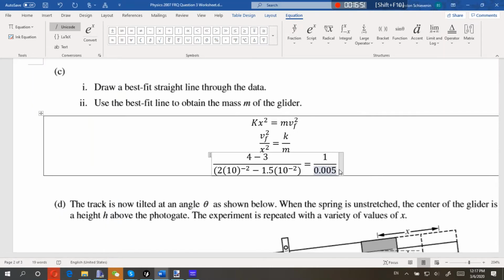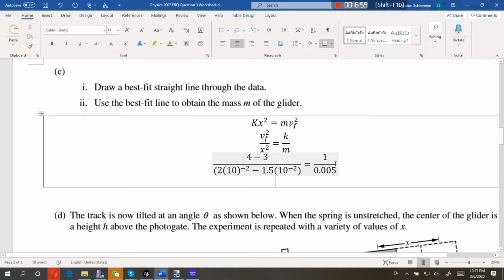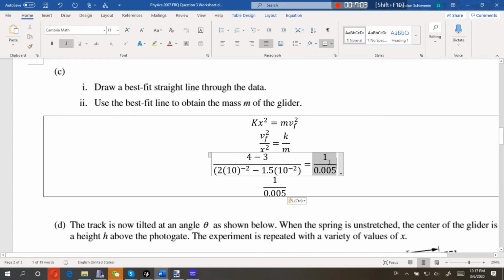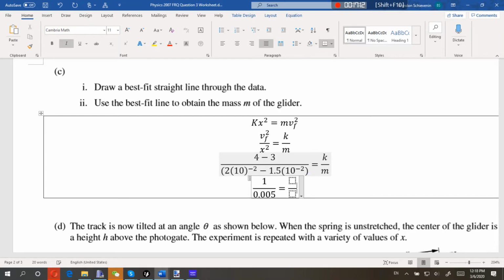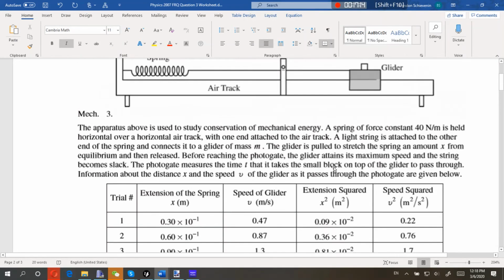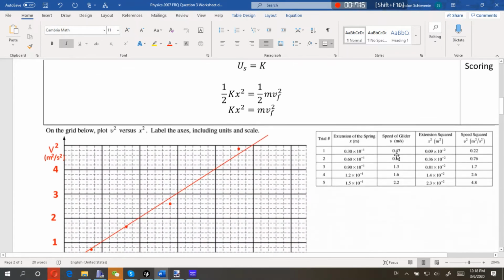And 1 over that is 200. Okay. So I'm going to go here. And this should be equal to k over m on the other side. Yes. And we were given k, so I can sub for that. K was 40.